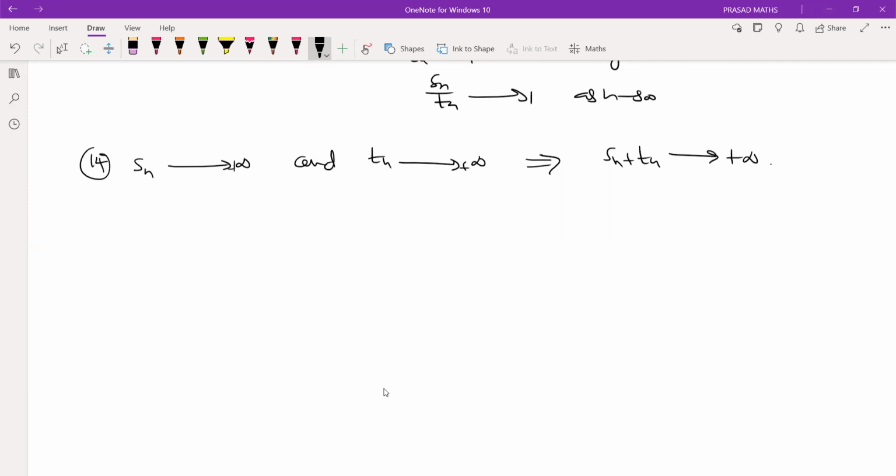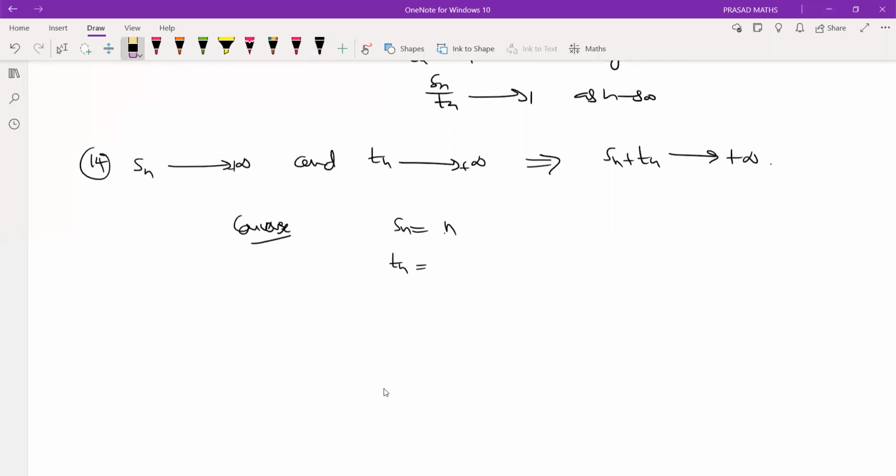You can go through any standard book for a proof. But the converse, again, need not be true. Suppose you take Sn equals n, Tn equals 2n.